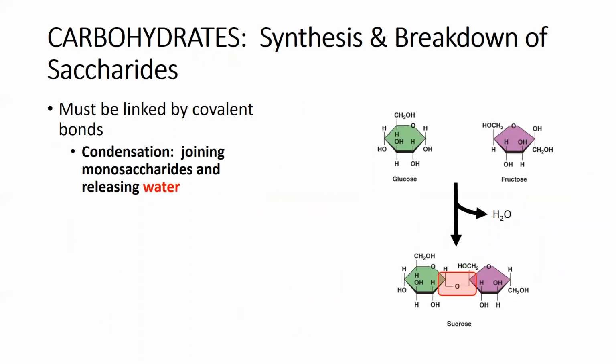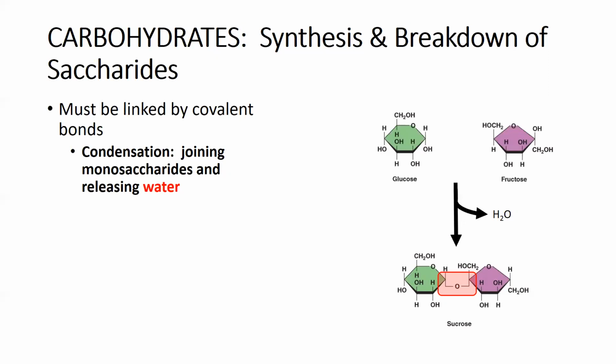All right. Let's talk about how these carbohydrates are synthesized and how they are metabolized or broken down. So in order to bind those two monomers that we talked about, they need to be linked by a covalent bond. And this process is called condensation.